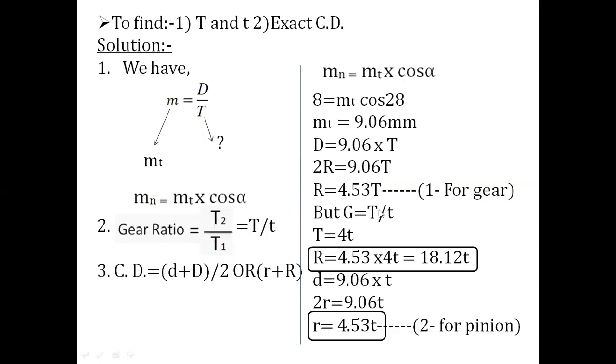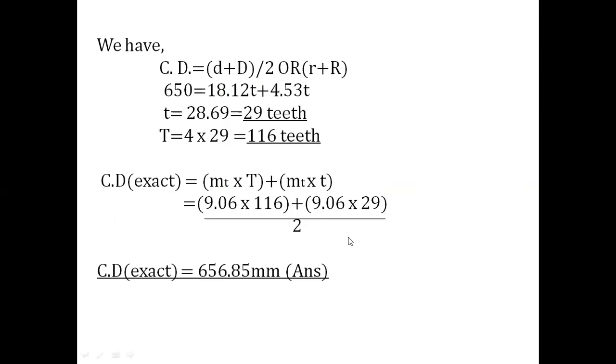So capital T is equal to 4 into small t, which is 4 into 29. We are getting 116 teeth. So this is the first solution of question number 1, the number of teeth on the pinion and gear.